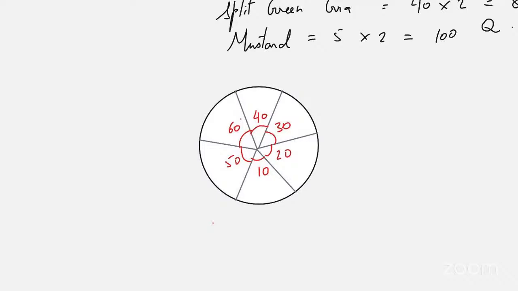So the total is 210. Now what we do is divide 360 by the total.